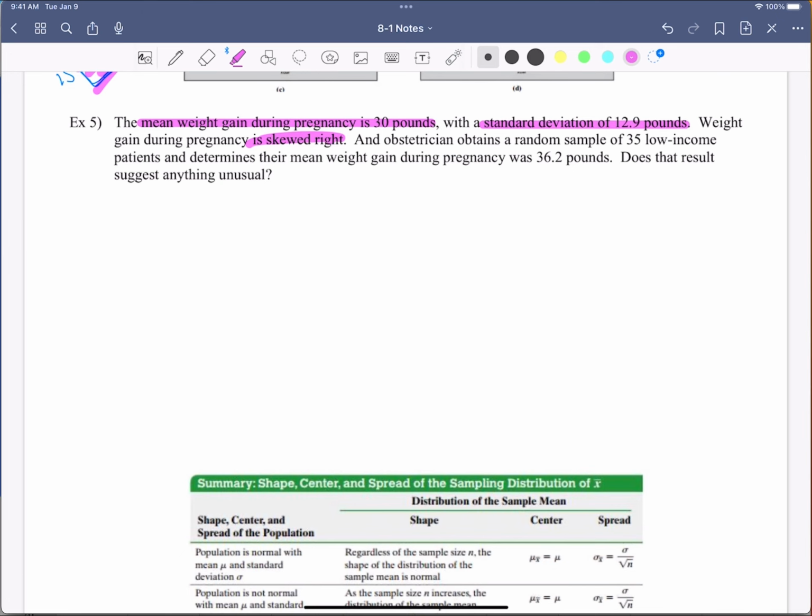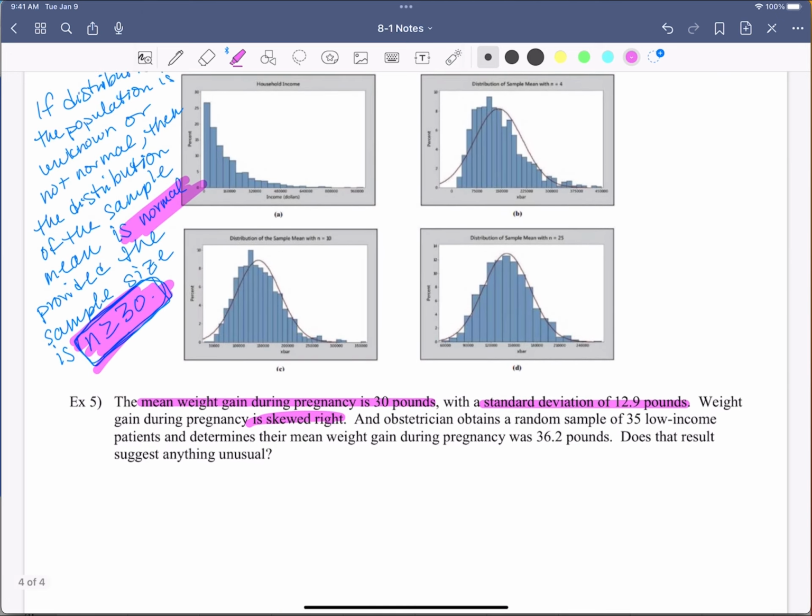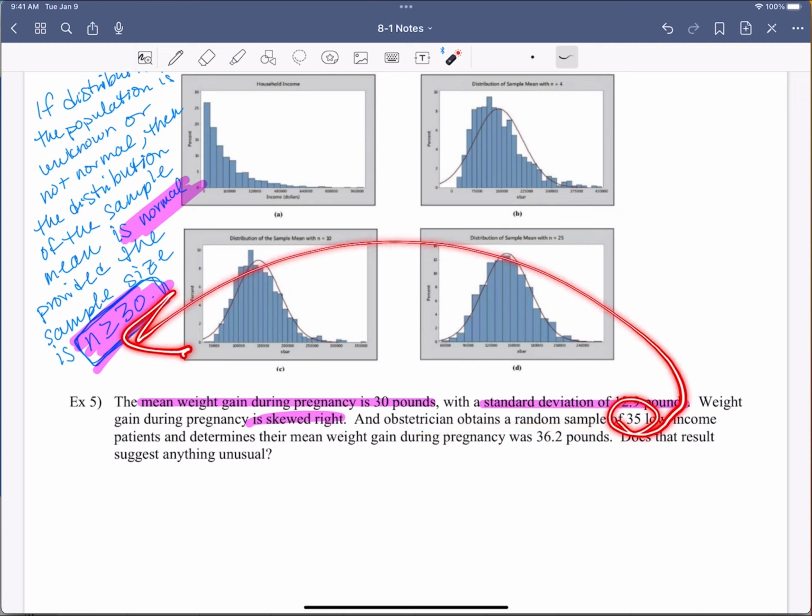Since I know that this is not normal, then my sample has to be at least 30. The obstetrician has a random sample of 35. This 35 is greater than or equal to 30, so we can treat this as a normal distribution.